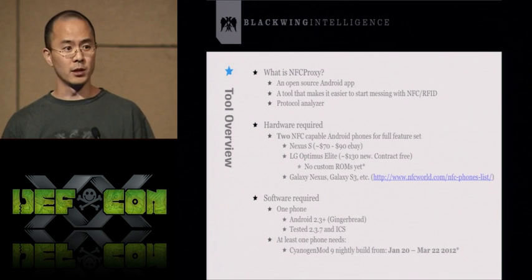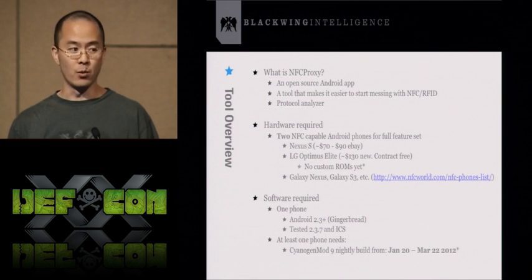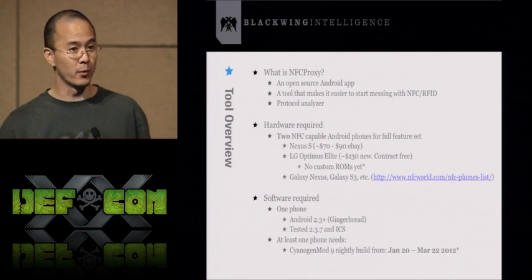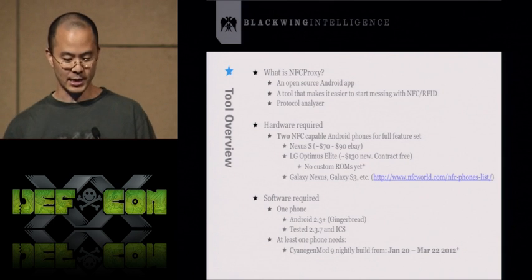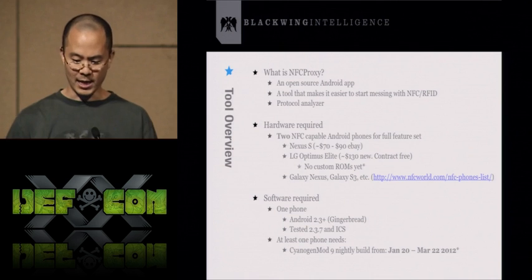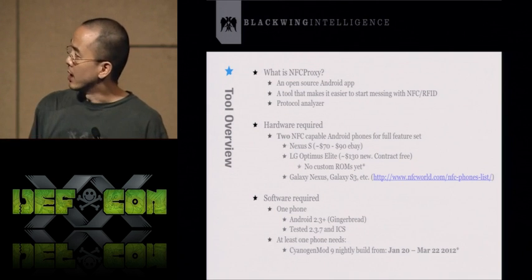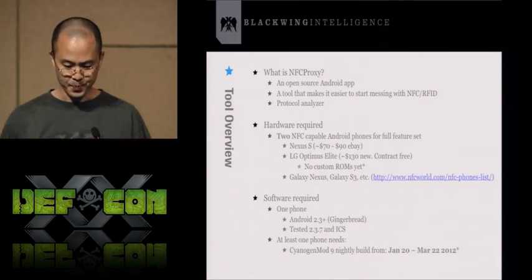But that phone is relatively new and there are no custom ROMs for it. So you can only use it on one side of the NFC proxy tool, and it's really not that interesting. So I wouldn't recommend that phone if you want to use NFC proxy. The Nexus S is the one to get. And then the Galaxy Nexus, Galaxy S. There are a lot of new phones that are coming out. You can go to that website to see any new phones that are available.